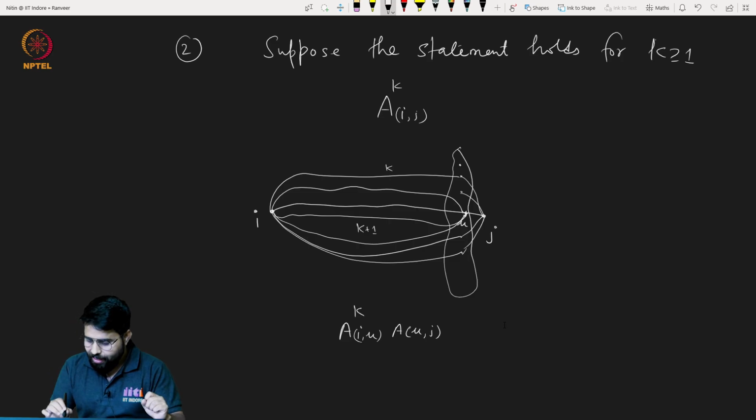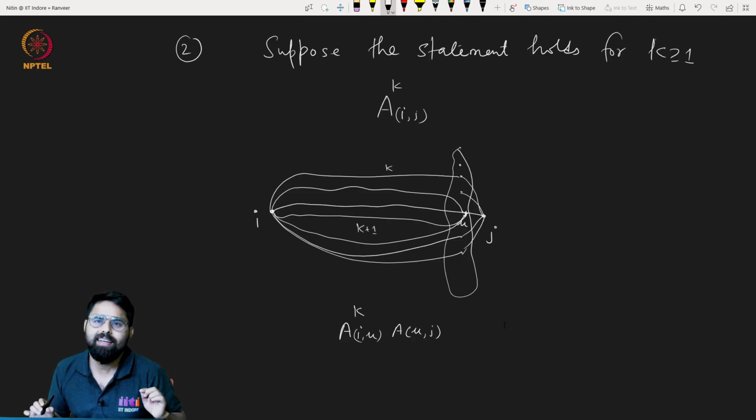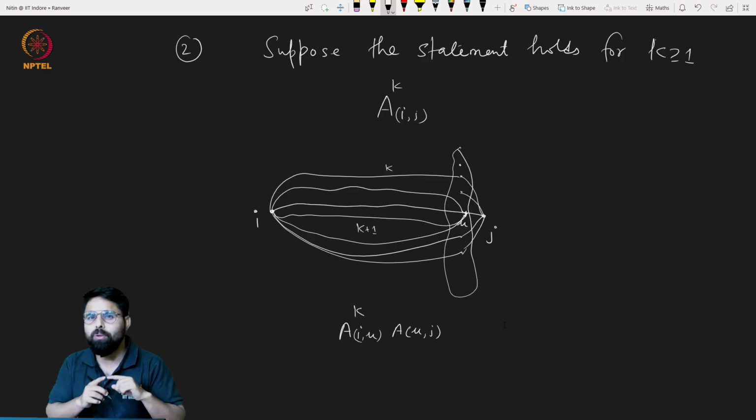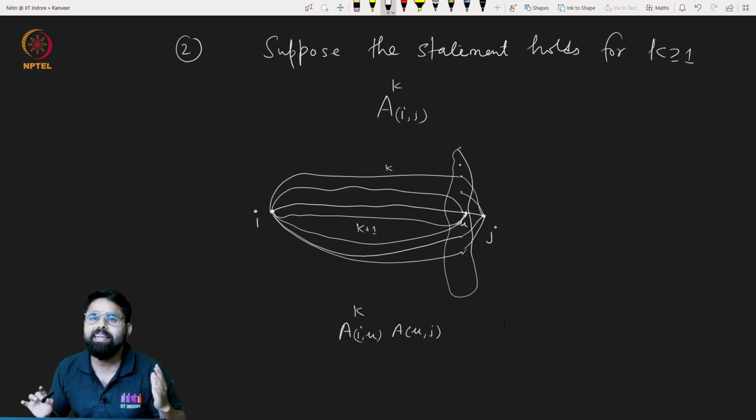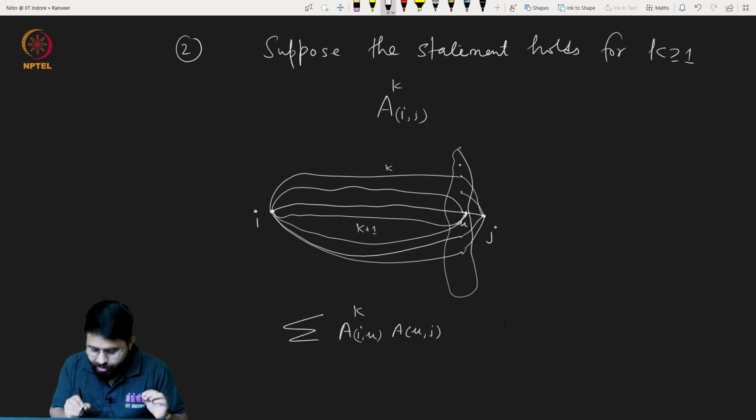Now, like u, there can be many other vertices. So if I sum over those u's, this will indeed give us the total number of walks of length k plus 1 between vertex i and j. So I can write very safely that u equals 1 to n.